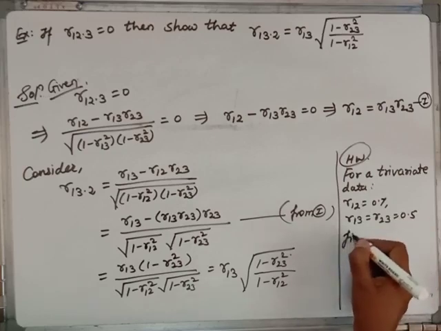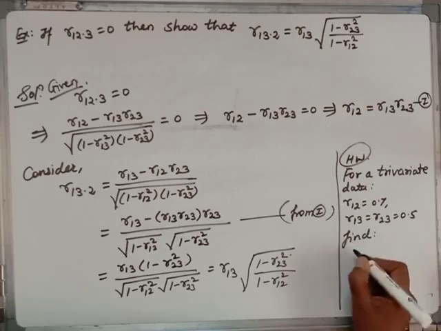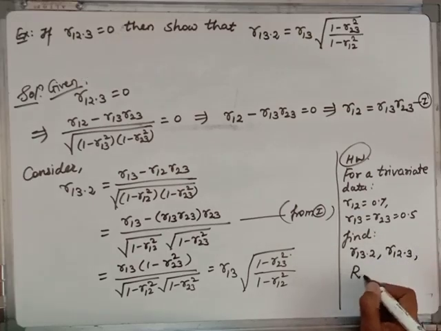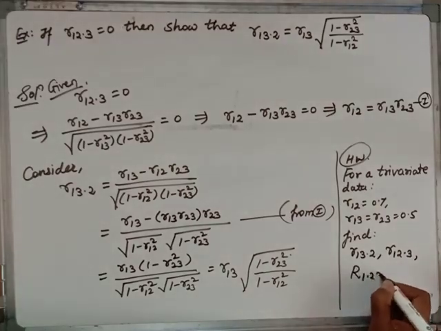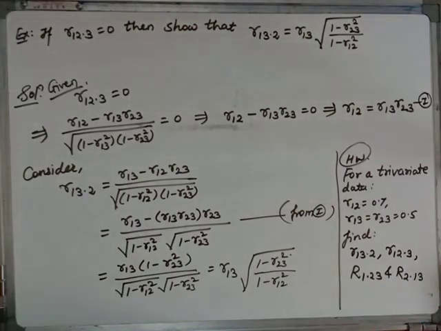Then find R13.2, R12.3, R1.23 and R2.13. Find out these ones. Okay, solve it. This is about the third chapter.